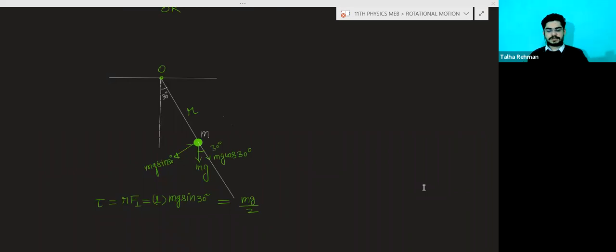So after this, we will discuss the static equilibrium. Just write down and after that tell me, can there be motion of the body if the net force on the body is zero? Net force on the body is zero. Can the body perform motion?